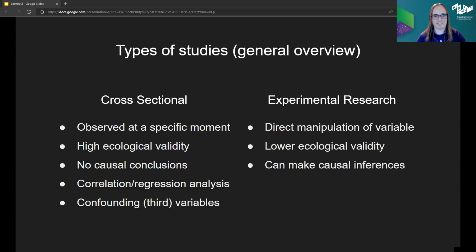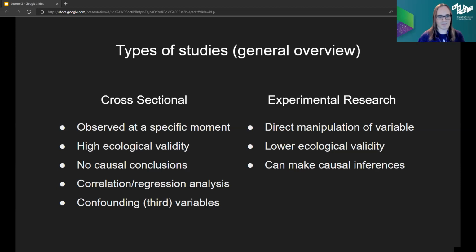Now, this relates to the comment a bit earlier from Megan, but in reality, there isn't a sharp line between cross-sectional studies and experimental research. It's not that some studies are experiments, some are cross-sectional and there's nothing in between, or that some studies are completely ecologically valid and some are completely contrived and there's nothing in between.